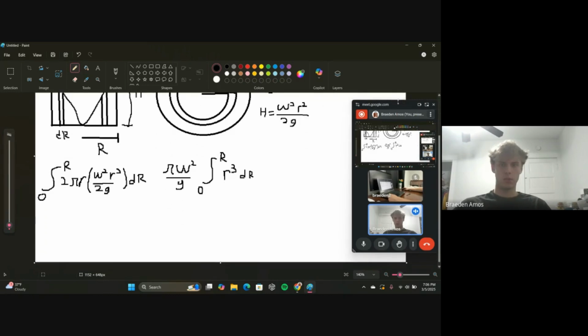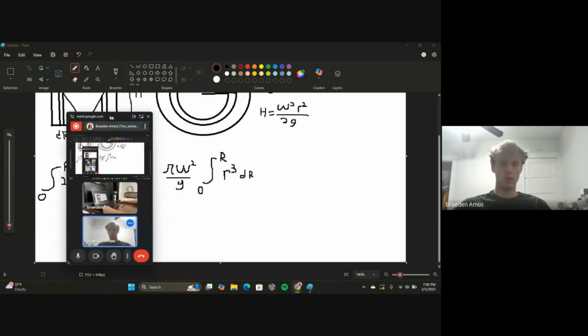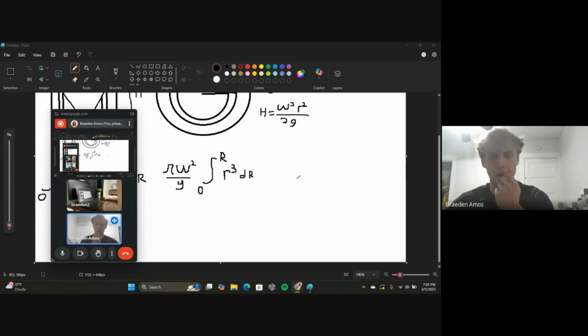So now we can start to evaluate this. When you evaluate it, you get 1/4 r to the fourth. So we can pull out that r to the fourth.